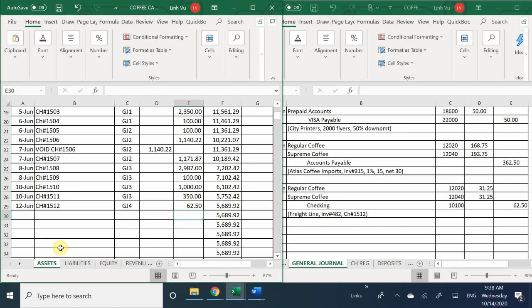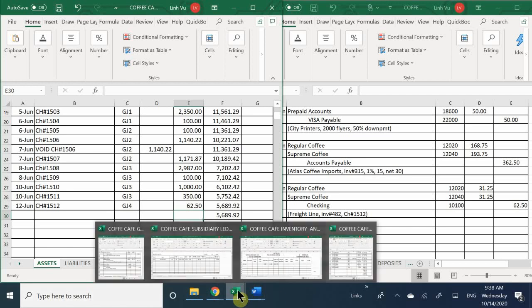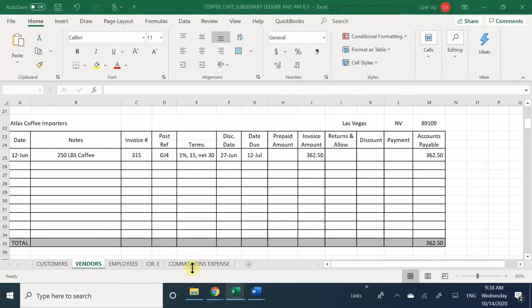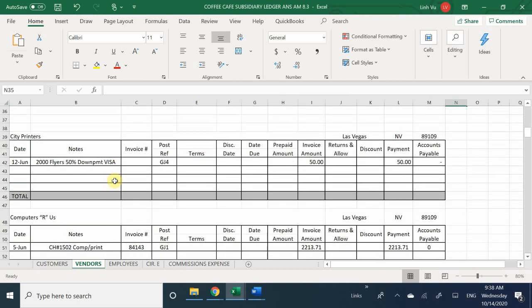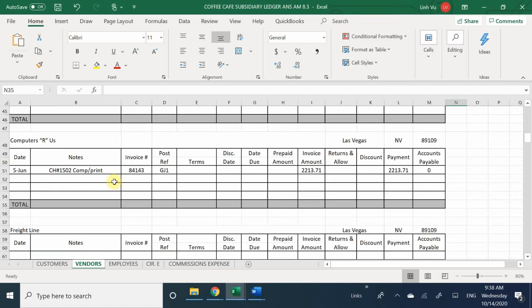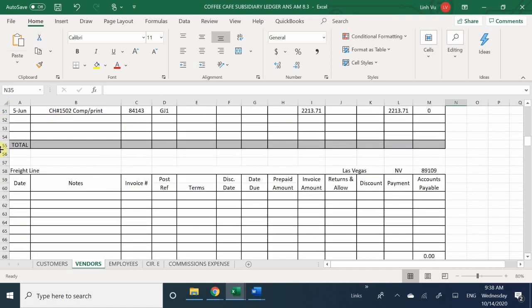So now I'm going to go straight to my subsidiary ledger first, so then I can update my vendor, and then I will go to my inventory worksheet to figure out what my cost is going to be. I'm going to go to my vendors list and find freight line. Okay, here it is, freight line.